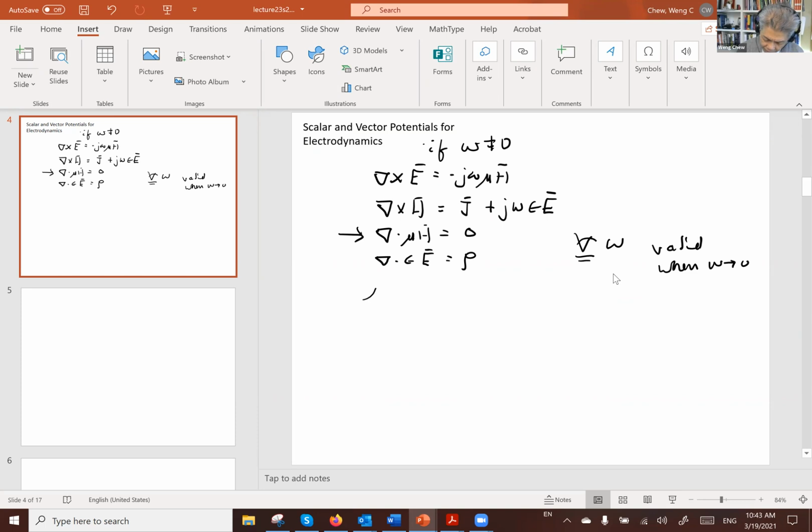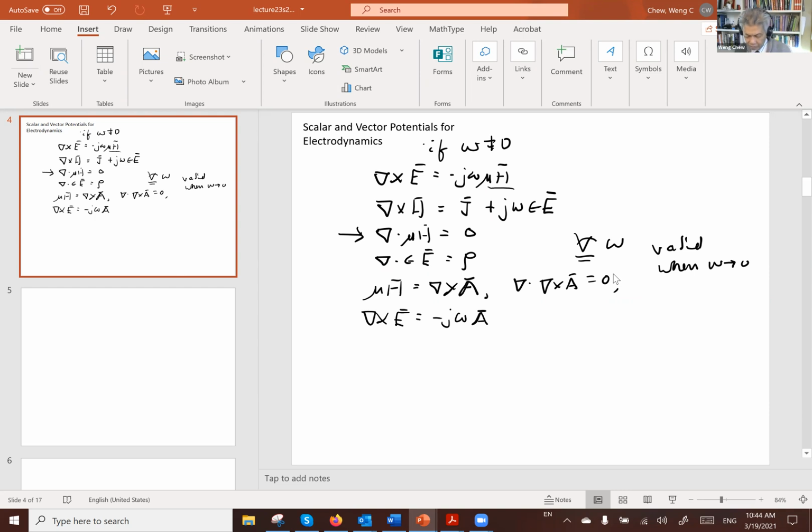Okay, so one way is to let mu H be curl of A, and divergence of curl of A equal to 0. So the third equation is automatically satisfied. If that is the case, then we can now put mu H into the first equation, which is Faraday's law. Then Faraday's law becomes curl of E is equal to minus j omega mu H becomes A.